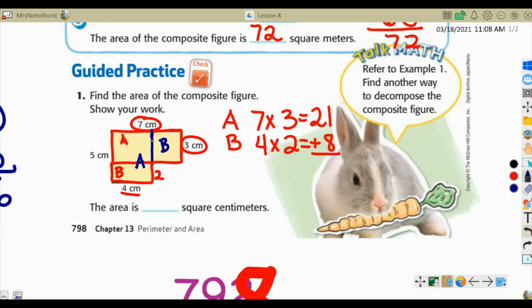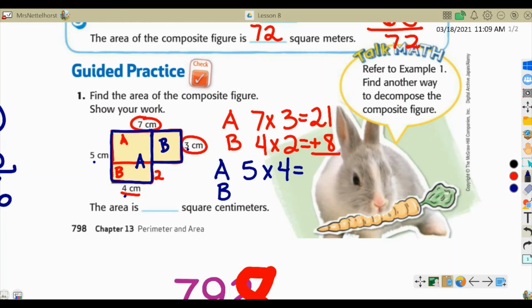Okay, if you did this one as rectangle B, and then this one as rectangle A. Okay, rectangle A is 5 centimeters right here times 4 centimeters down here. Okay, and then rectangle B is 3 centimeters.